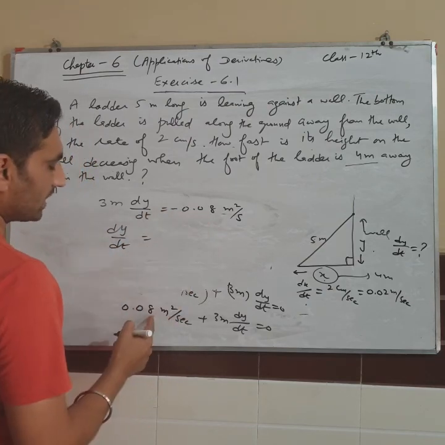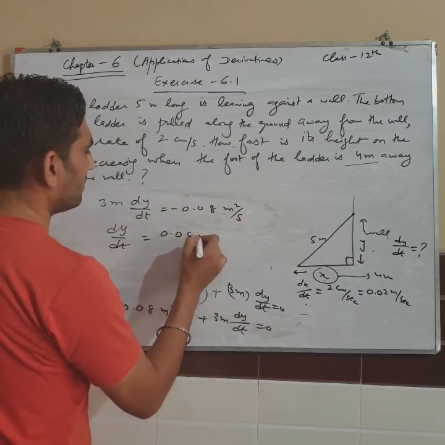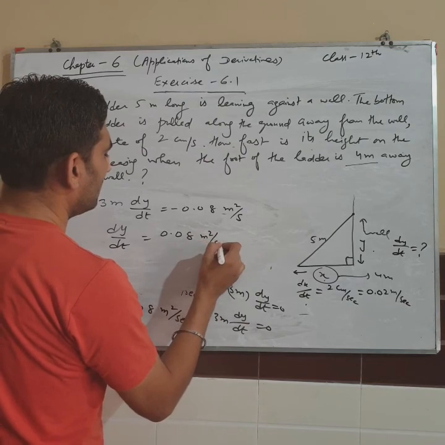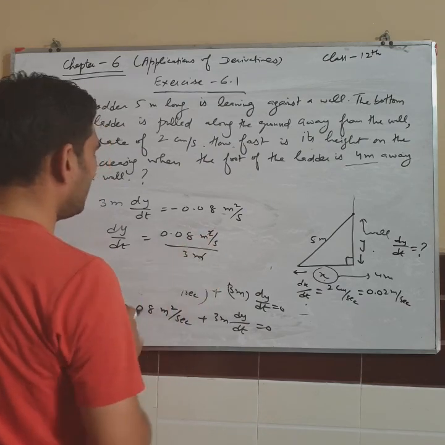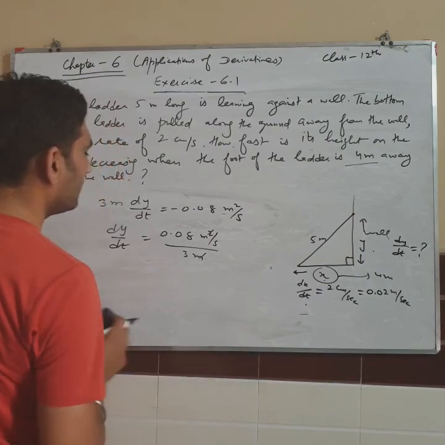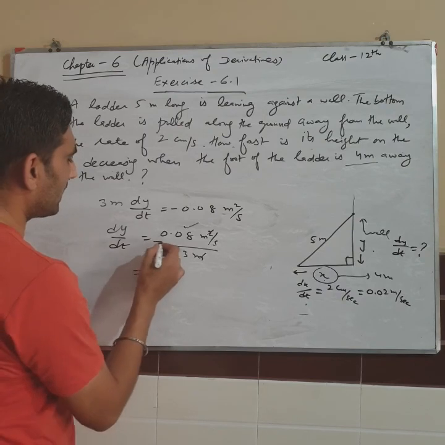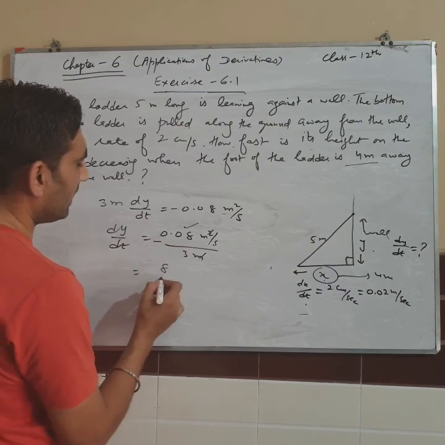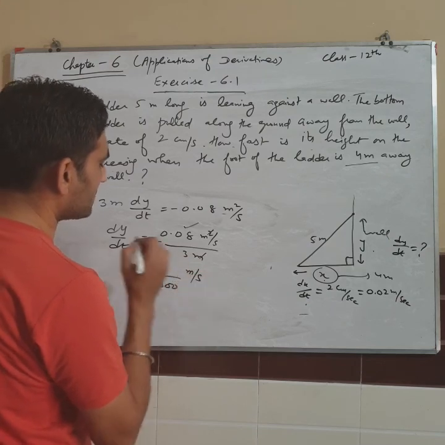It will be negative. So 0.08 meter square per second over 3 meters. So meter one time cancelled. And next we will have calculation by leaving the decimal. You will have a minus sign before it. It will be 8 over 300 meters per second.